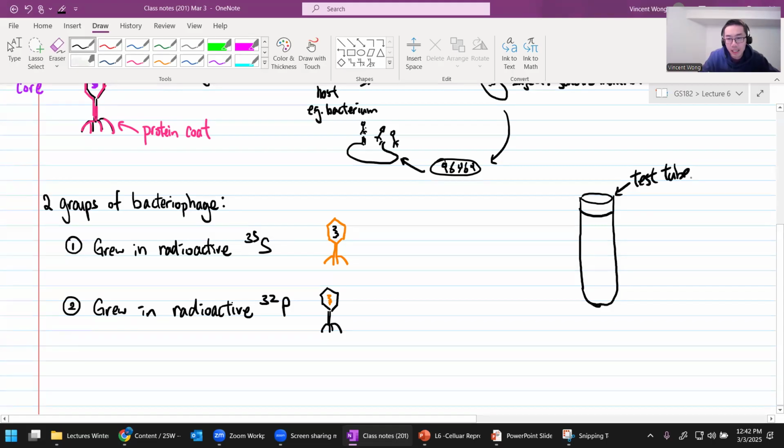So over here, this is a test tube. And when you spin down the mixture that contains the viruses and the bacteria, what you will end up getting is a top layer and a bottom layer. Okay. The viruses are lighter compared to the bacteria. So at the top here, it will contain parts of the virus that did not enter the bacteria.